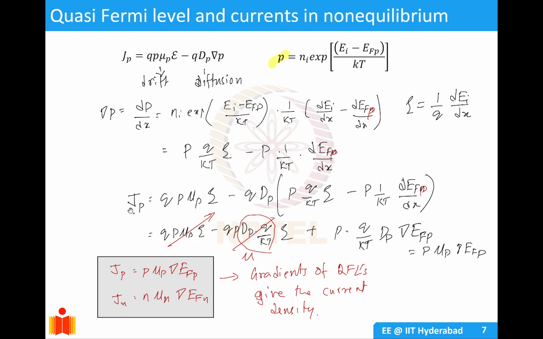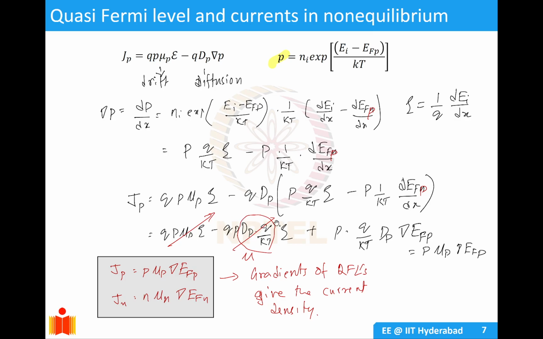So hence your total hole current becomes q p mu p electric field minus q Dp times p q by kT electric field plus p q by kT dEFP by dx. So we know that mobility is given as Dp into q by kT. So this is mobility again.